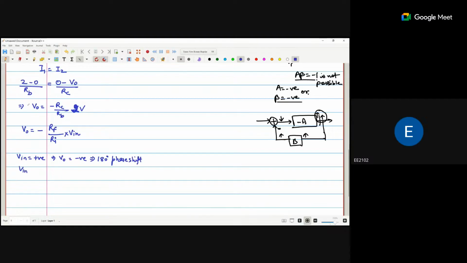Similarly, if V in is negative, V out is positive, 180-degree phase shift. That's why we say this is an inverting amplifier.